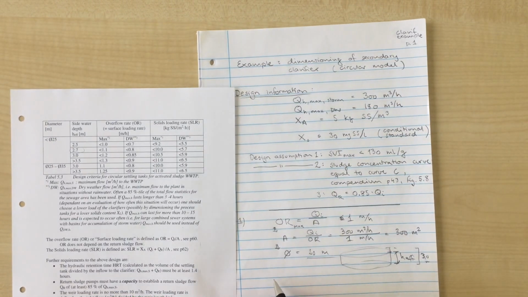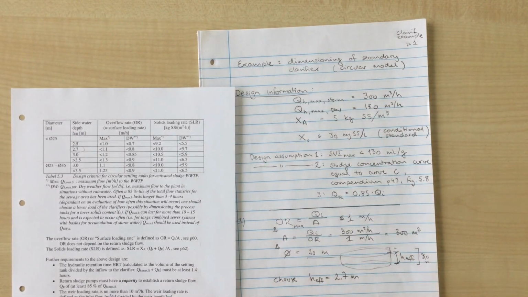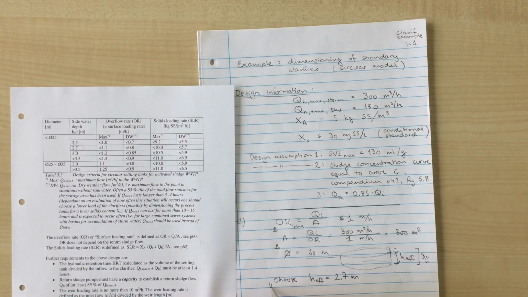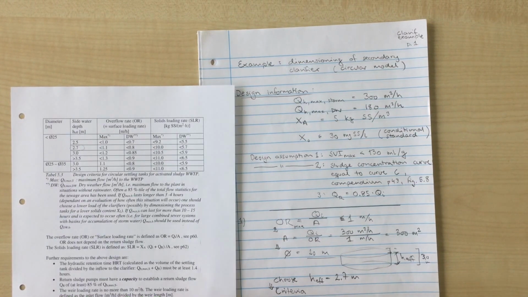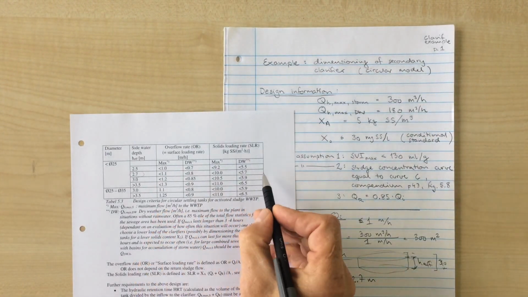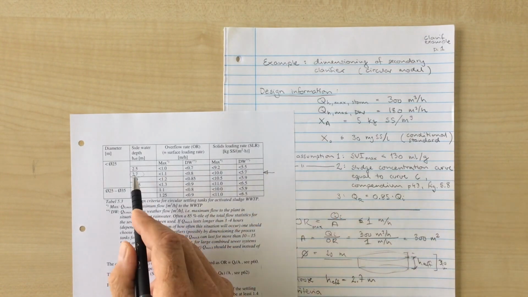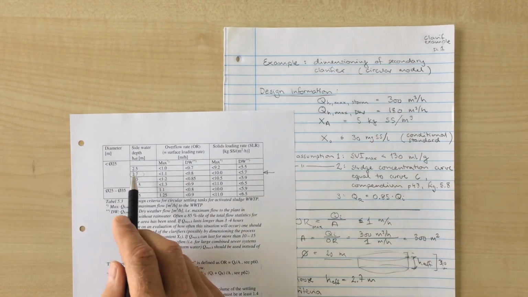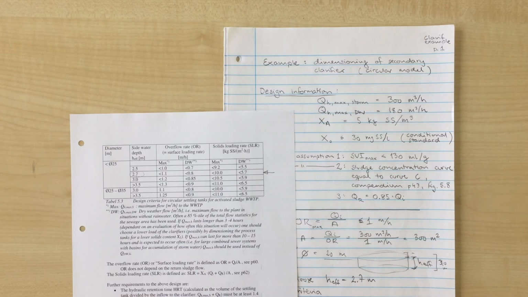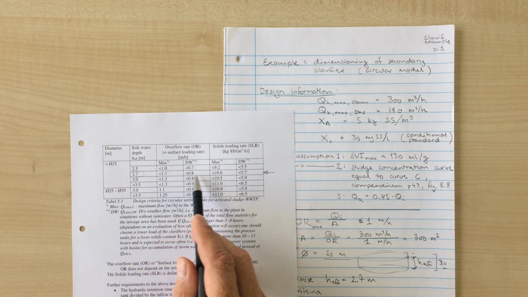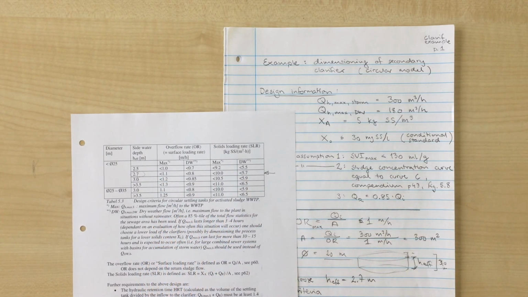So I choose the effective depth, in this case, to be 2.7 meters. That's a design choice, and this will result in criteria: the set of criteria given here for the 2.7 meter deep tank with a diameter less than 25 meters. I can see the 4 criteria I need to fulfill.